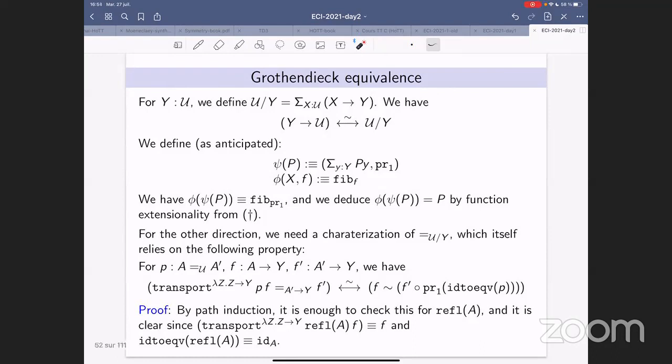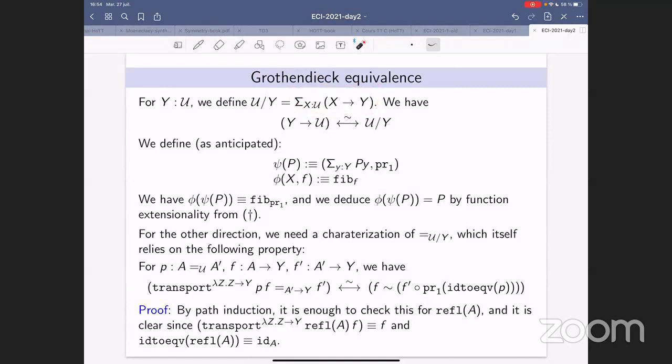So the claimed inverses for this construction are the ones I just mentioned. To go from here to here, we take an inhabitant of this type. So it's a pair of a type x and a function f from x to y.